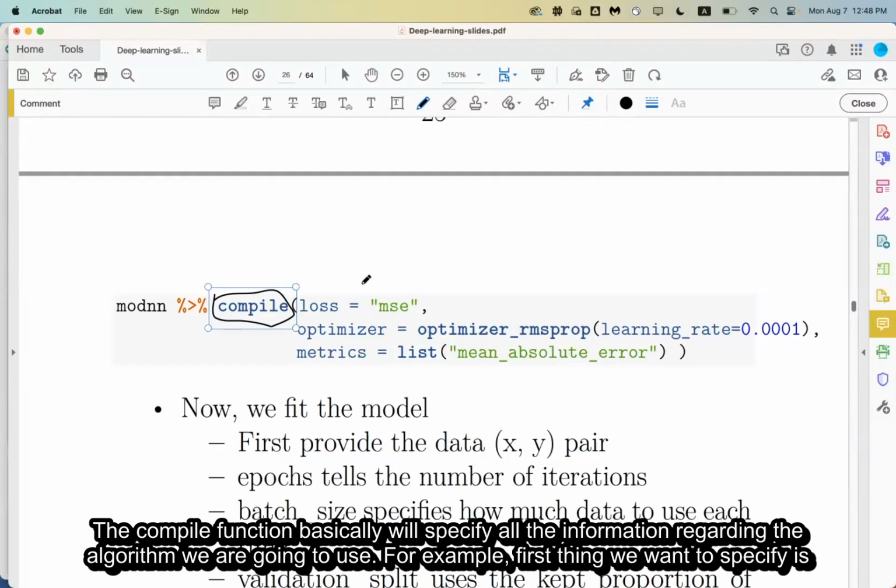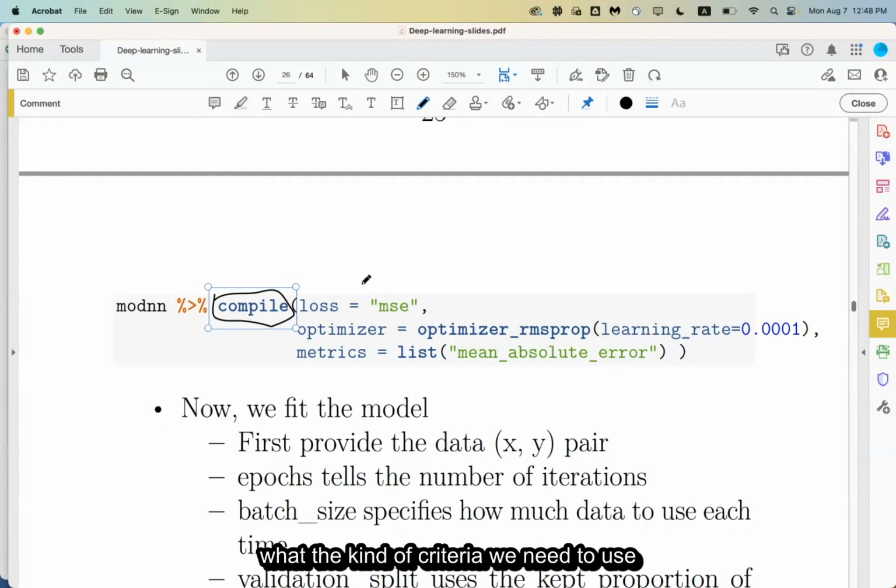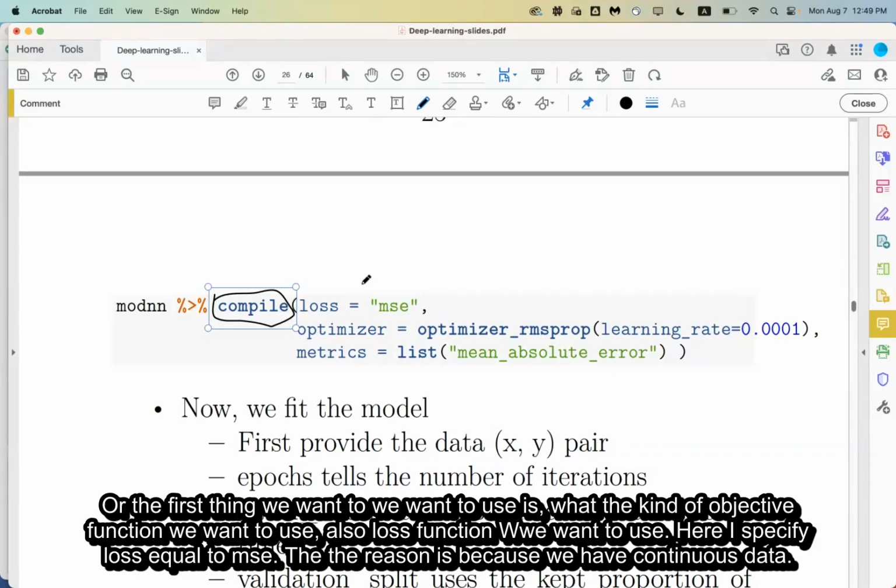For example, the first thing we want to specify is what kind of criteria we need to use to minimize the target function, what kind of objective function, also called loss function, we want to use.